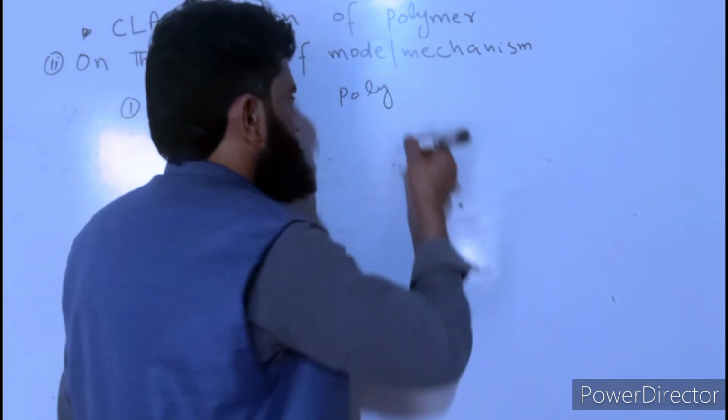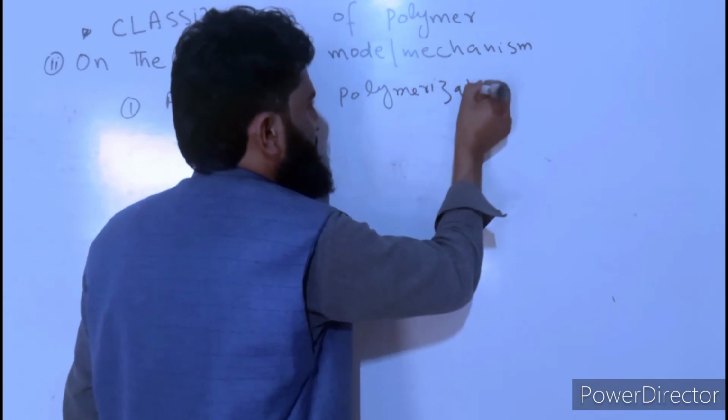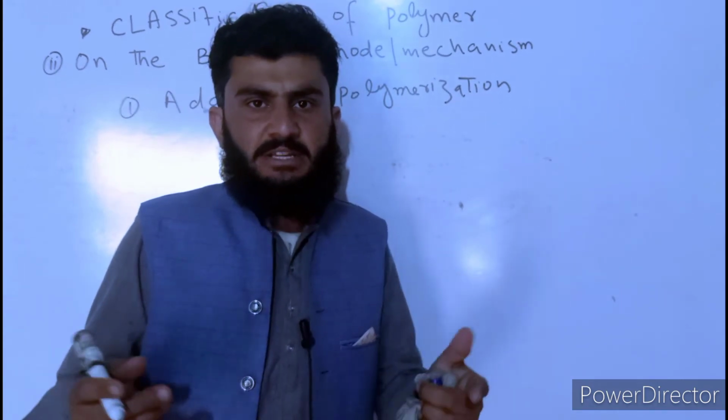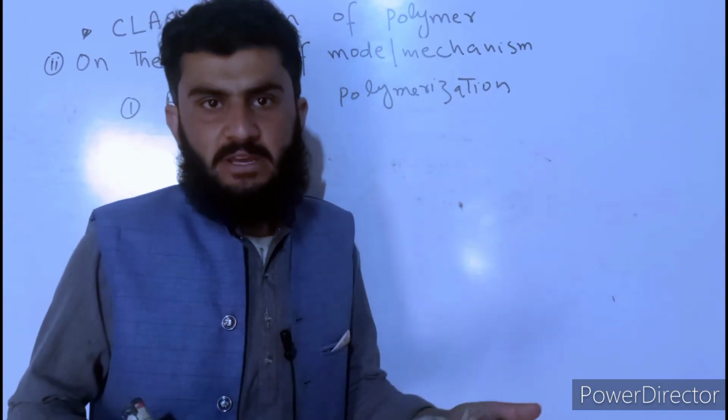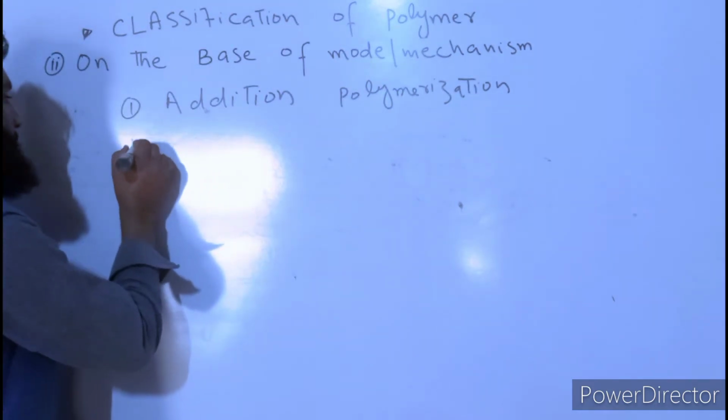The first type of polymer is formed by the addition polymerization way. Clear?